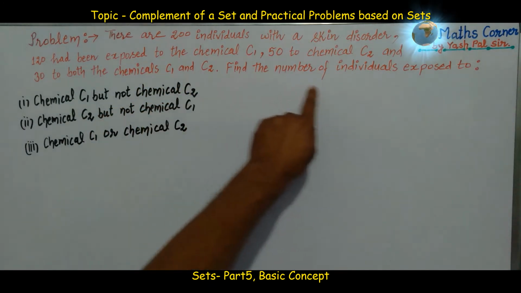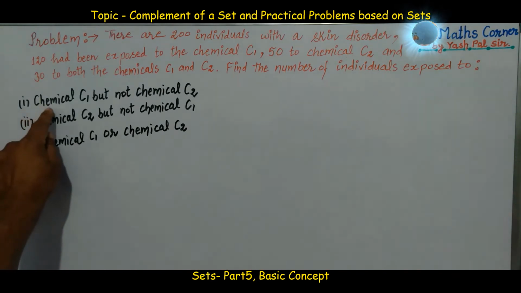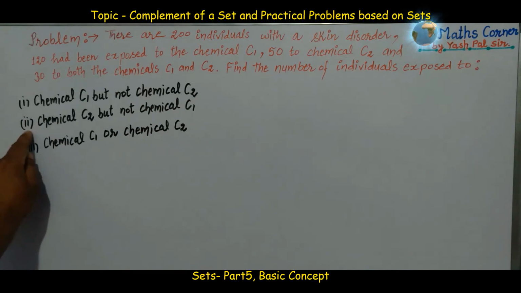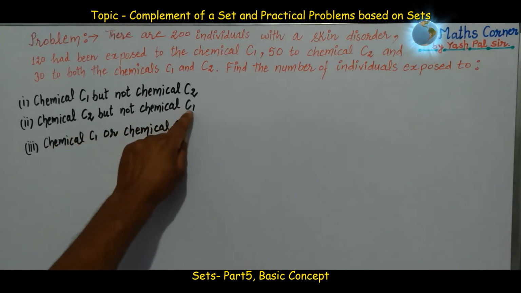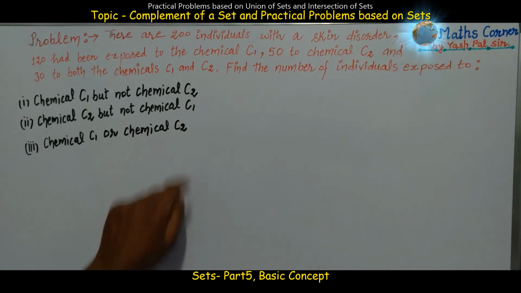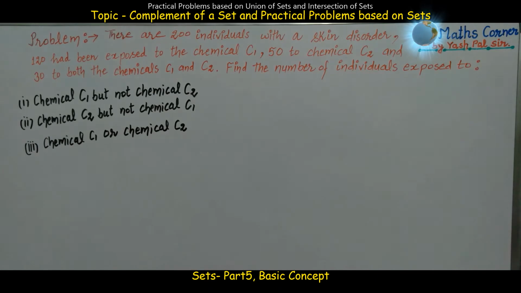Find the number of individuals exposed to number 1, chemical C1 but not chemical C2, number 2, chemical C2 but not chemical C1, number 3, chemical C1 or chemical C2. We shall solve this problem with the help of the Venn diagram.